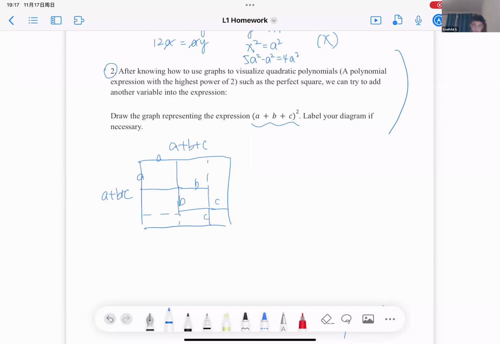We have our vertical and horizontal lines here to cut out all the little pieces of areas that we need to get the equation for solving this expression. Okay, so this is basically our graph for this one.